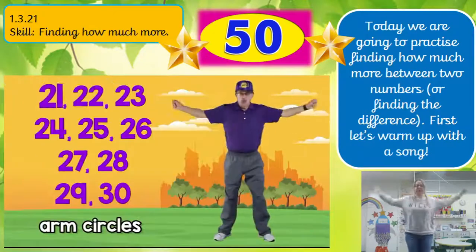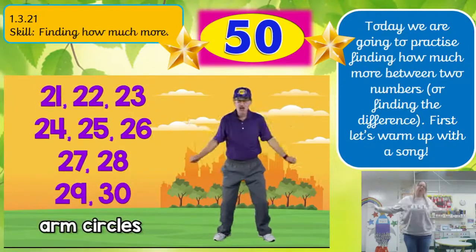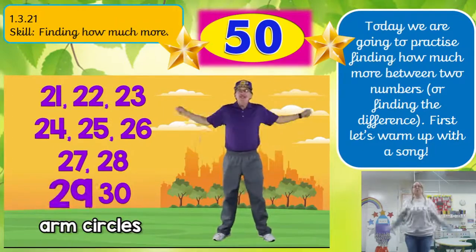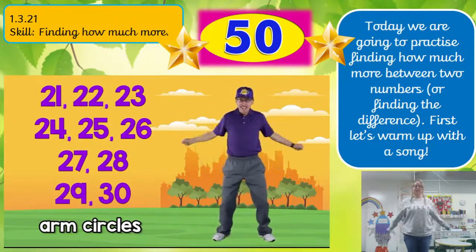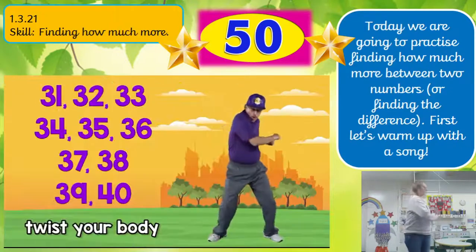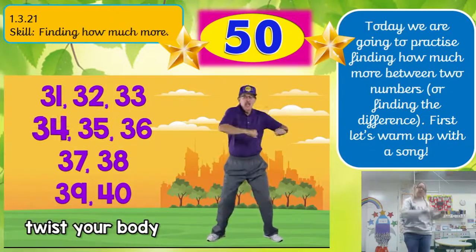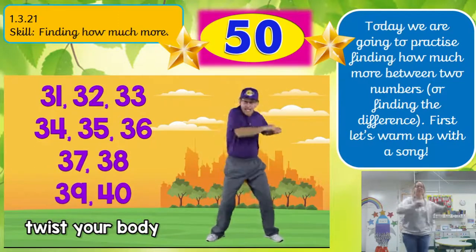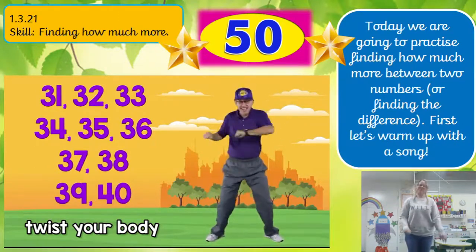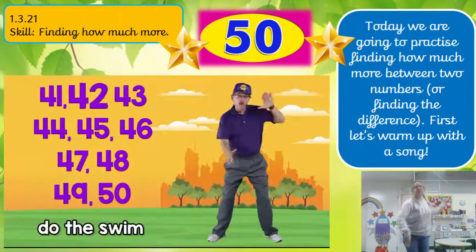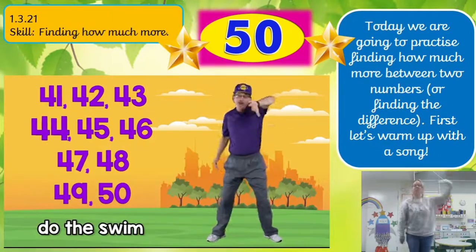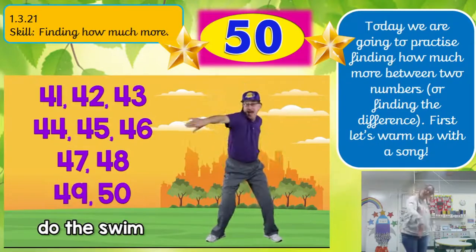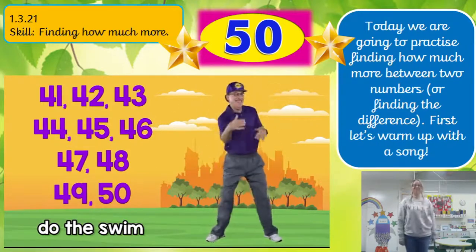Arm circles. 21 to 30. Twist your body. 31 to 40. Do the swim. 41 to 50.